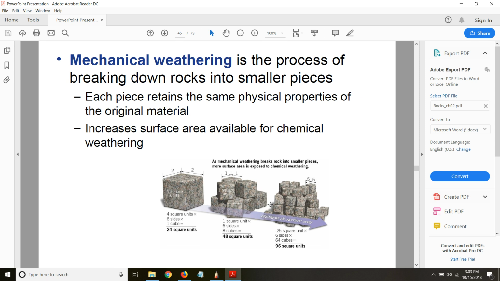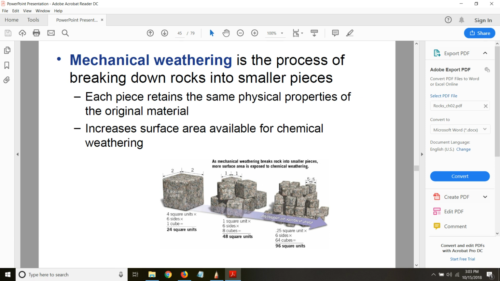If you go into that, there is more animation and more explanation that further explains the concept of mechanical weathering. Here you can see one big piece of rock, 4 square units in size, showing the idea of mechanical weathering.